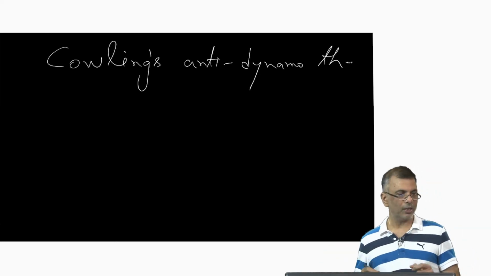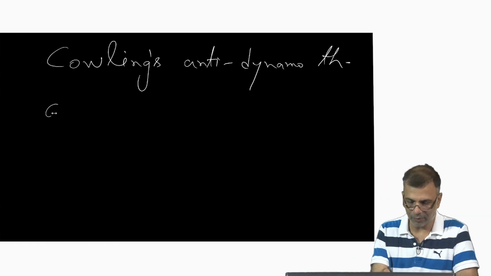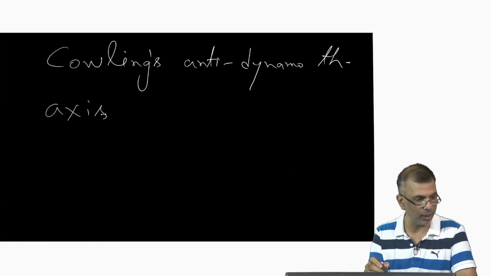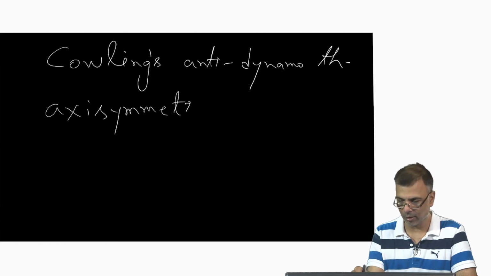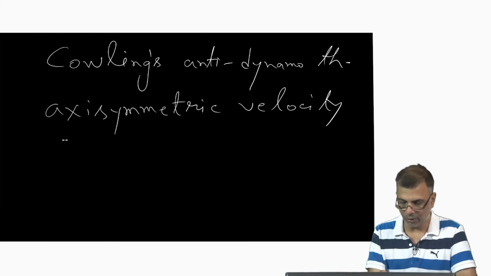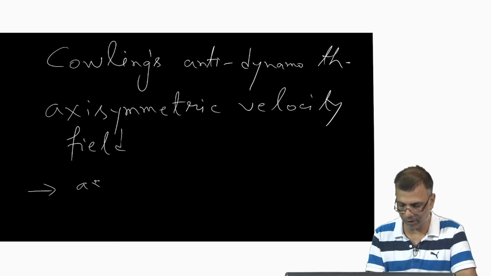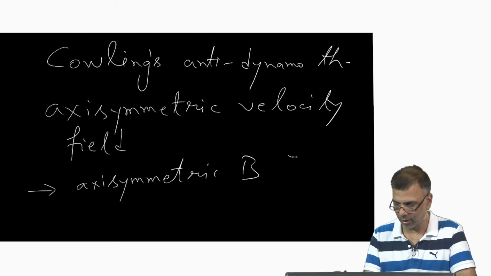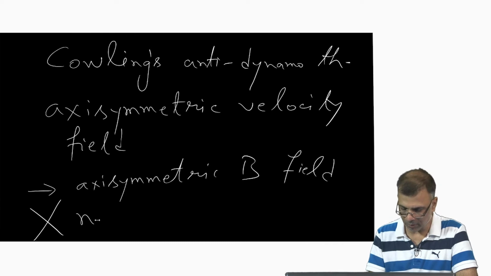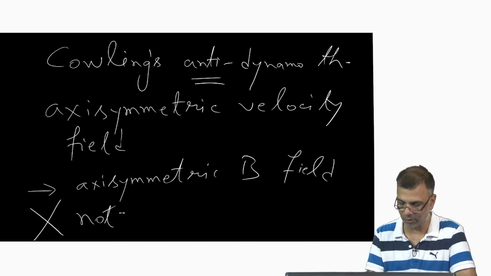It says that an axisymmetric velocity field generating an axisymmetric magnetic field is not permissible, hence the name anti-dynamo.